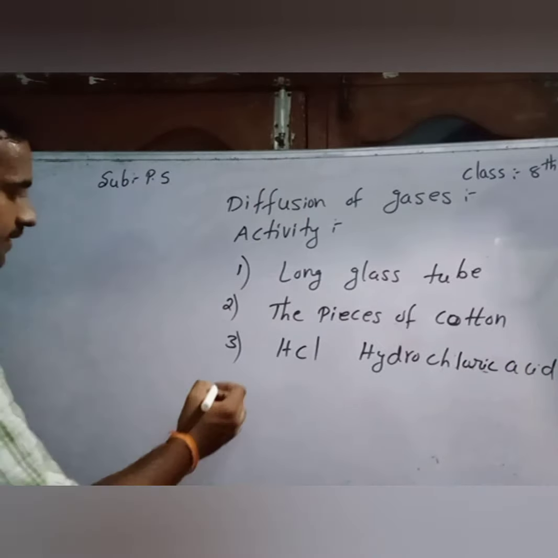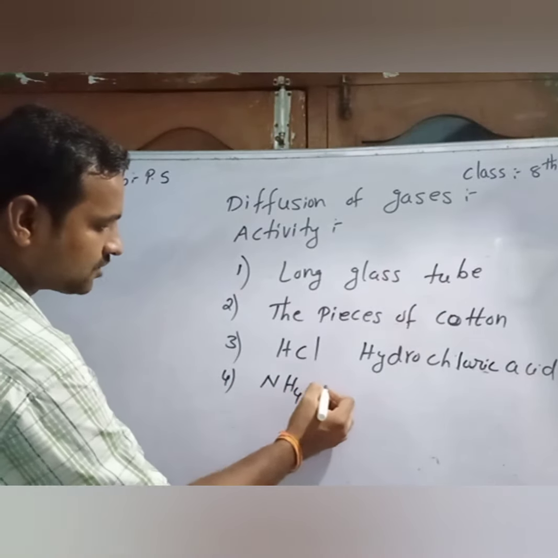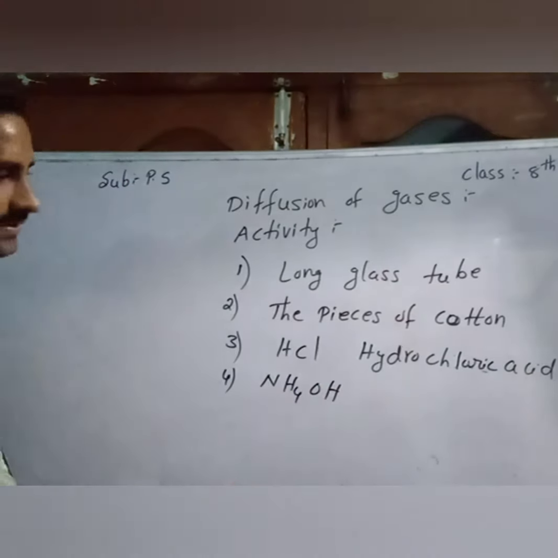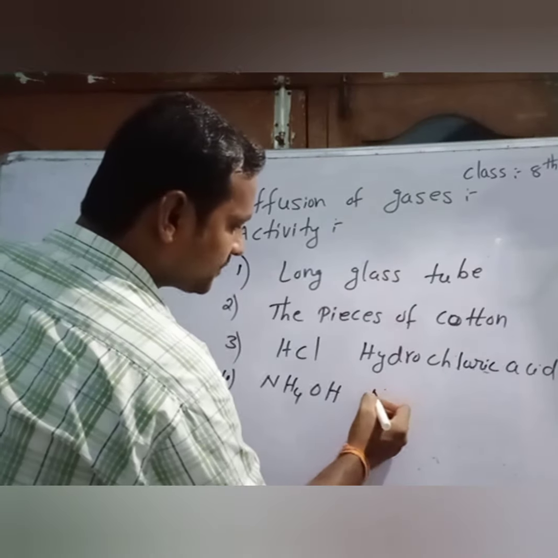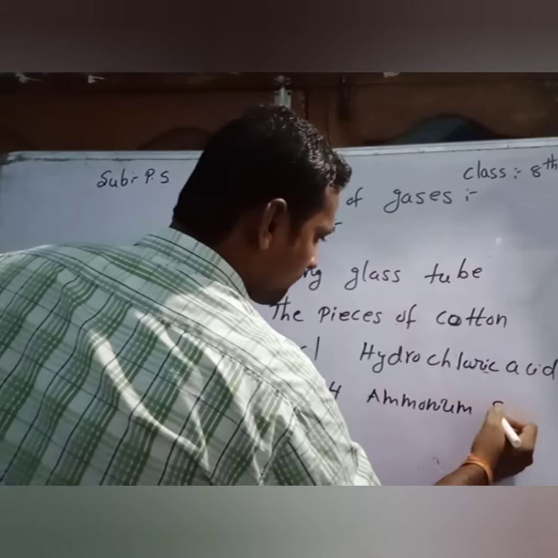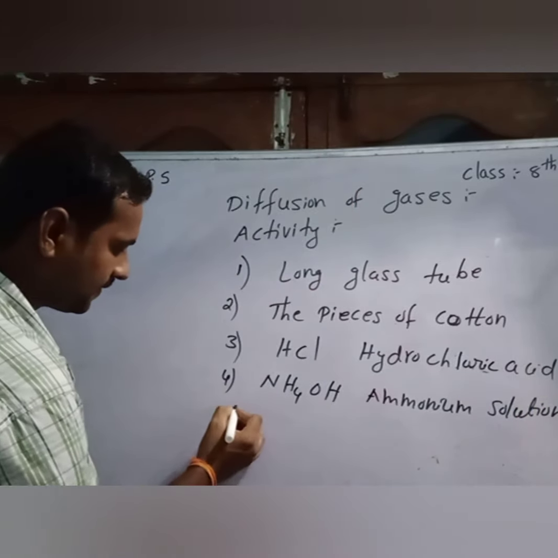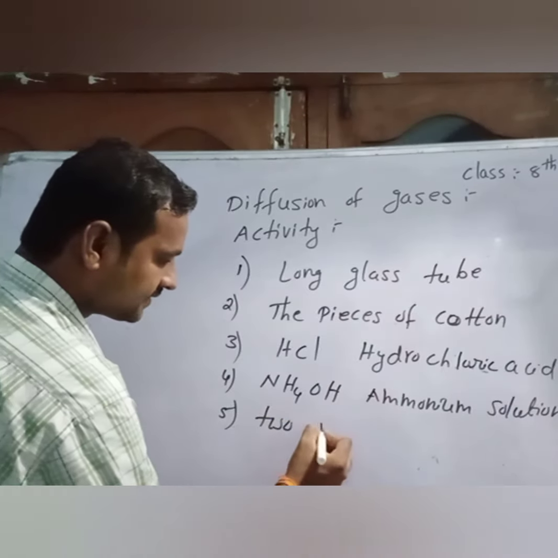And fourth one, ammonium solution. Ammonium solution means NH4OH. And fifth one is 2 rubber corks.